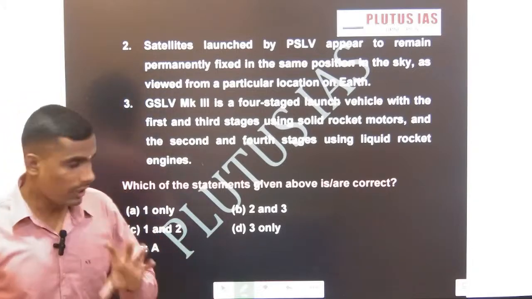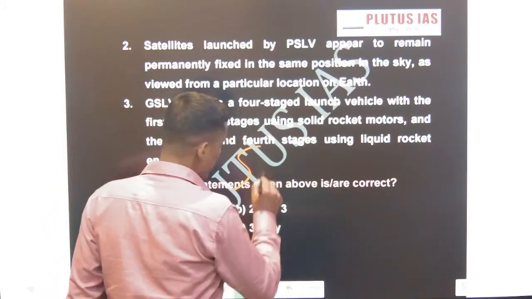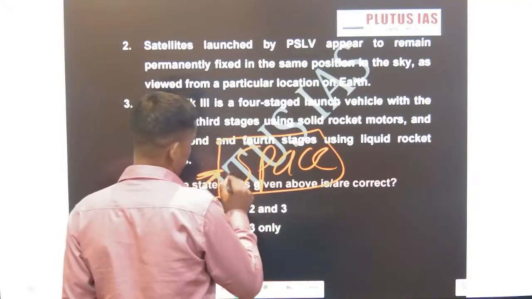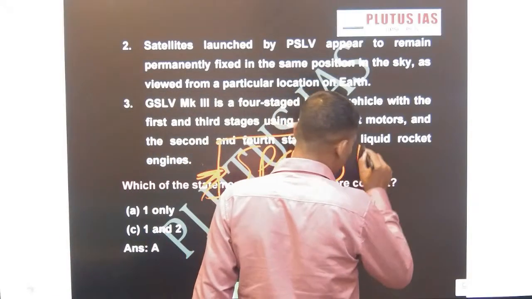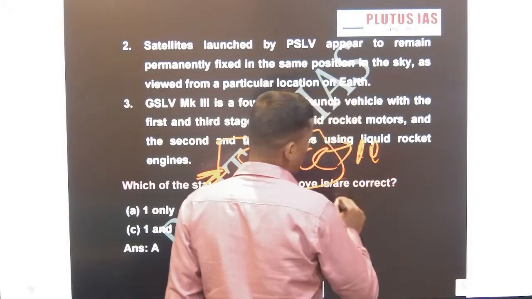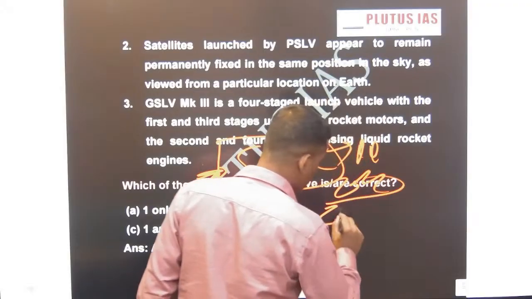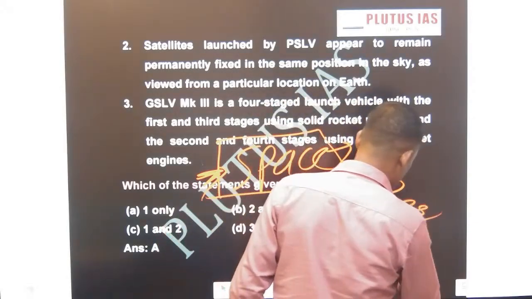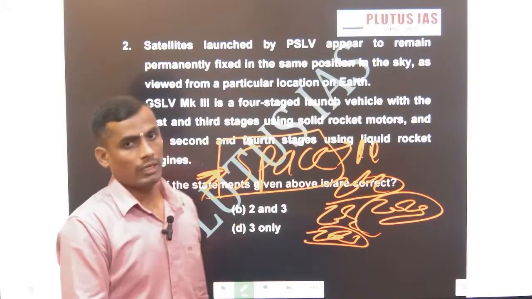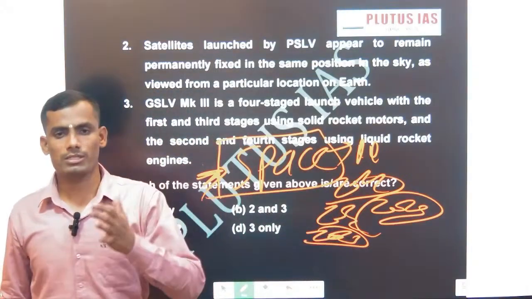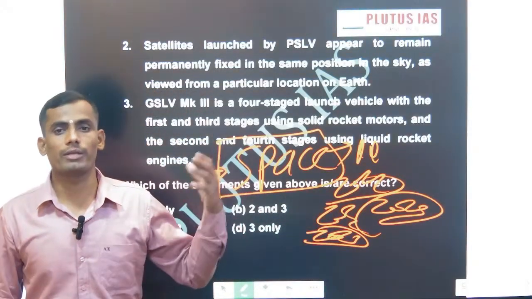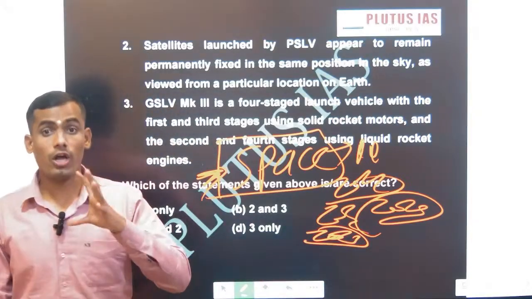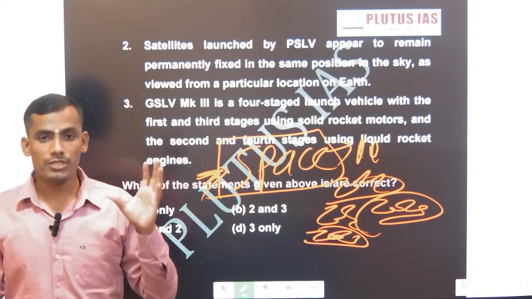So among all these technologies, space technology becomes more important for us, because every year at least one question is coming. That is proven in 2023, 2024, 2025. Every year there is one question on space technology, either on a satellite, some basic information, orbitals, Mission Gagan, or NavIC.